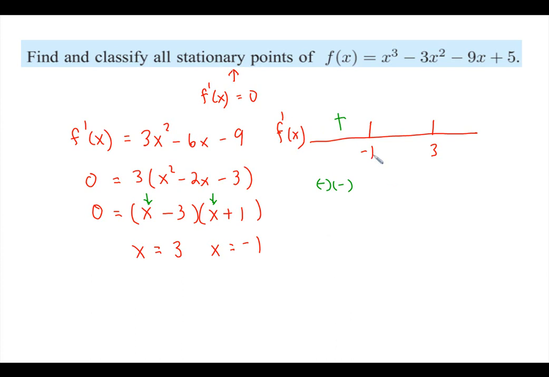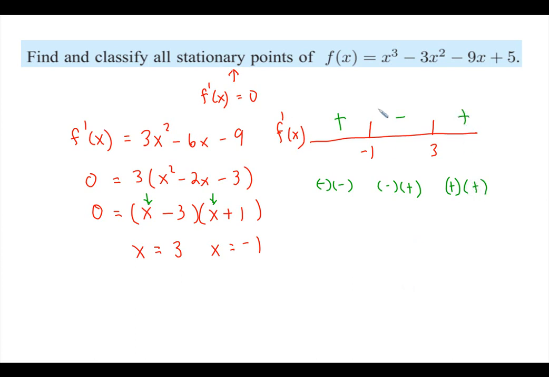Now between negative 1 and 3, I can test 0. If I plug in 0 here, that gives me a negative, and plugging 0 here gives a positive, so I end up with a negative. To the right of 3, let's test 4. 4 minus 3 is positive, and 4 plus 1 is also positive, so I get a positive.